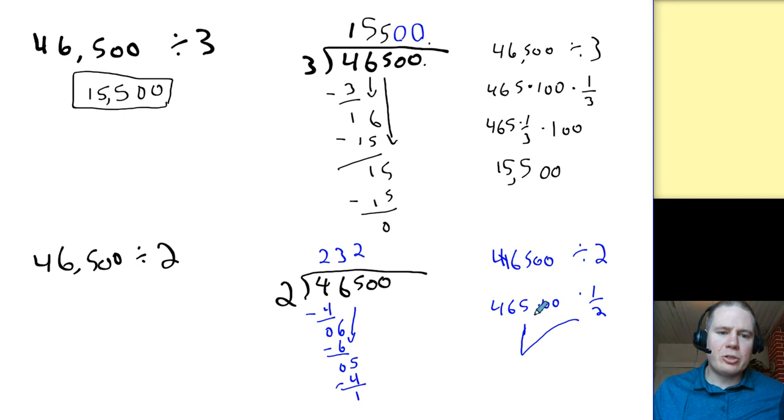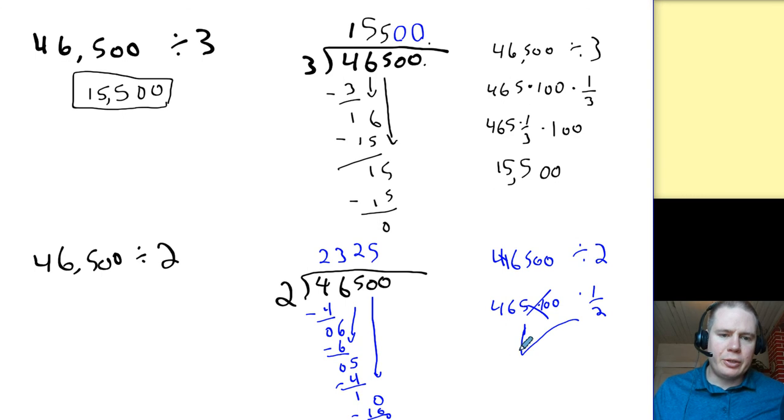So I can't just separate out those two zeros. I really need 4650. I need one of those zeros. 2 times 5 is 10. Now I get no remainder.